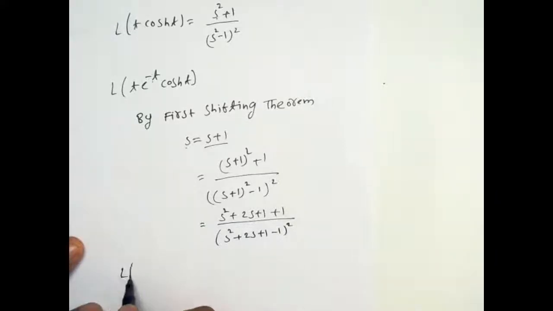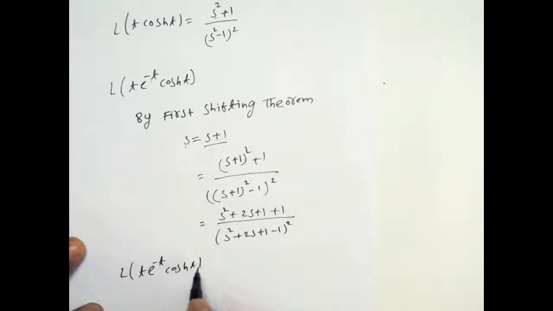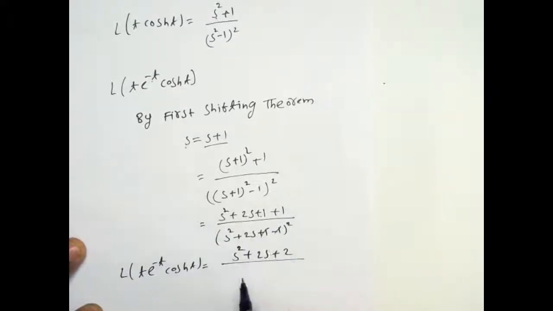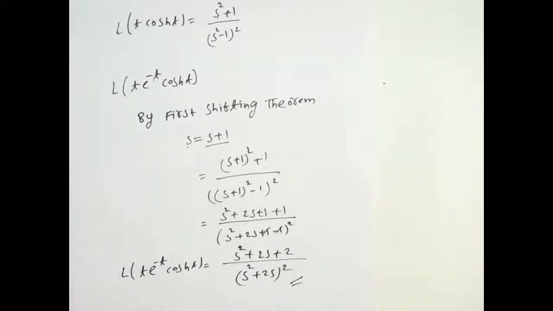Now Laplace of t e^(-t) cosh t is equal to s squared plus 2s plus 2 by... 1 plus 1 is 2, the 1 cancels in the denominator, giving (s squared plus 2s) whole squared. This is our answer. Thank you for watching my video.